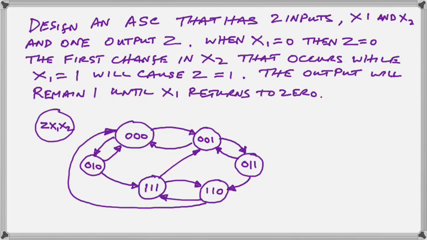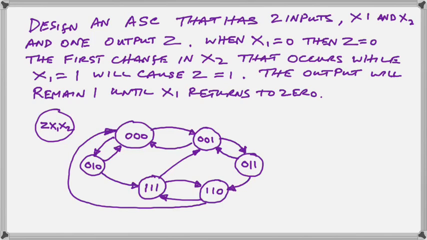So if you look at the circle 0, 0, 0, you see we may only go to one of two states. Either we're going to change x1, in which case we will move to the state 0, 1, 0, or we may change x2, in which case we will move to the state 0, 0, 1.